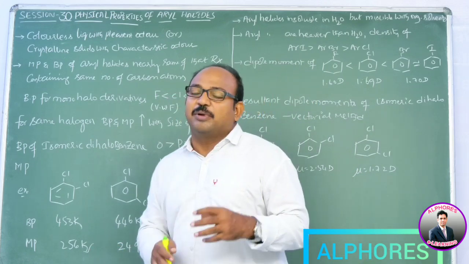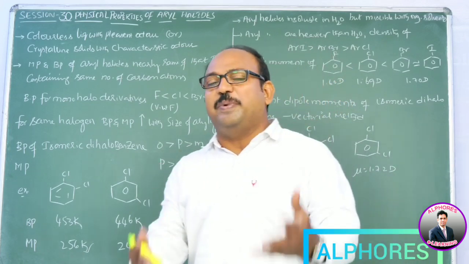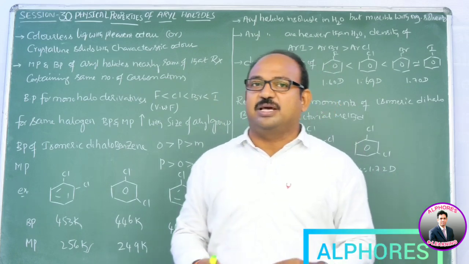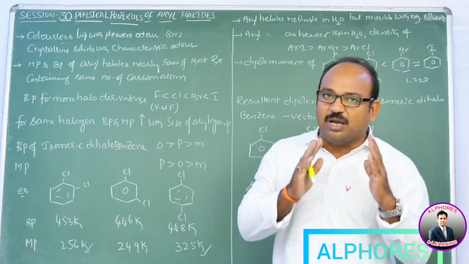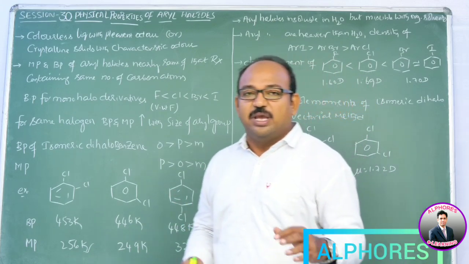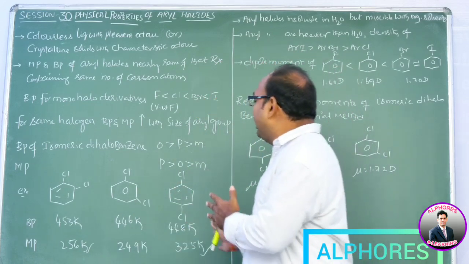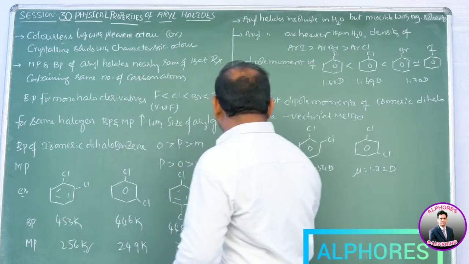Melting point not only depends upon intermolecular forces but also depends upon crystal structure or symmetry in their structure. I am repeating once again, melting points not only depend upon intermolecular forces. In addition to that, which symmetry it is going to maintain. For example, assume here if we consider this is a box.